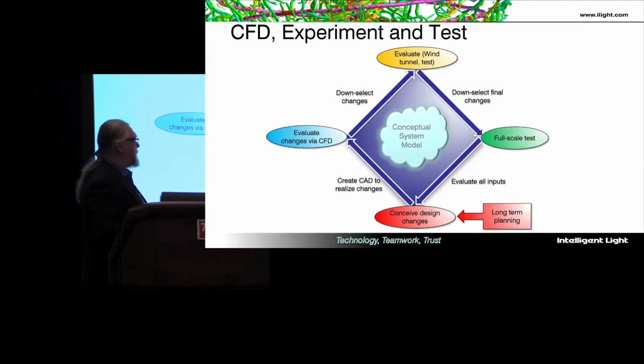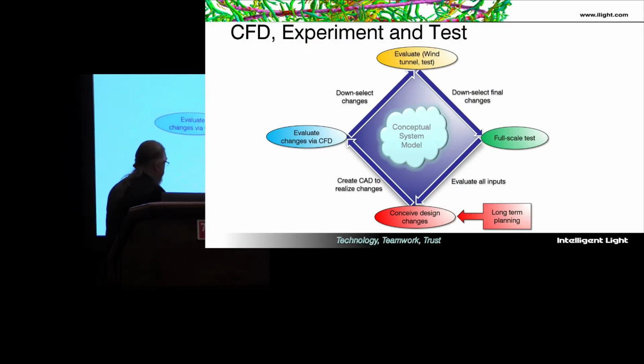So if you look at the big picture, right, you're in this cycle of deciding you want to change something, you create the geometry, you evaluate it, you down select changes, and then you evaluate again. Maybe it's a wind tunnel or some kind of test. Then you actually build something, test that, and all during this time, you have in your mind a conceptual system model, right?